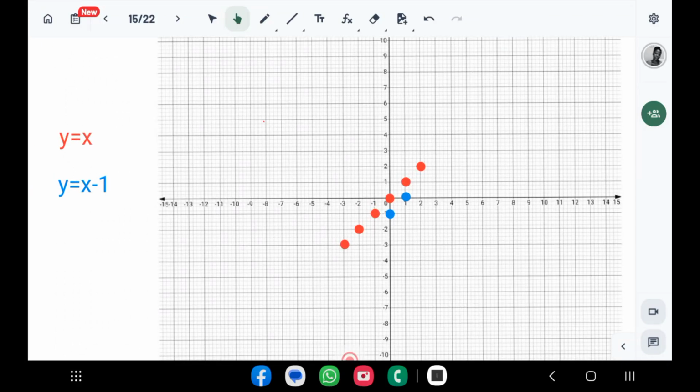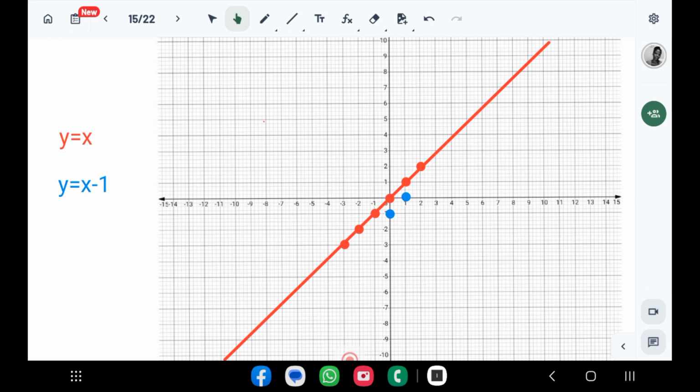Okay, now let's join all these points in a straight line. There is the straight line. Now, on the blue graph, you've got your x-intercept at (1, 0) and your y-intercept at (0, -1).